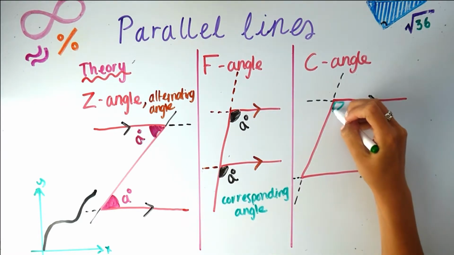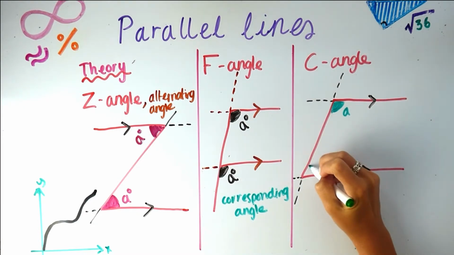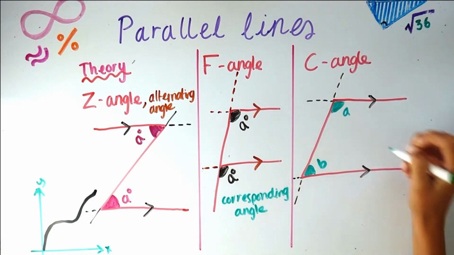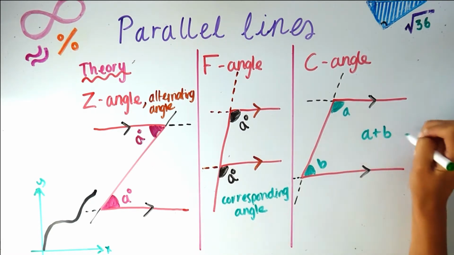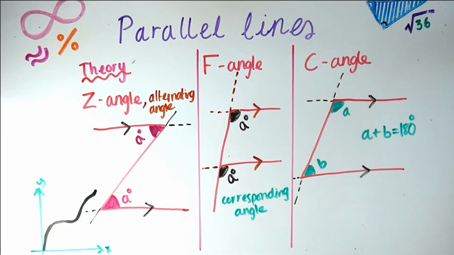A cangle tells us this angle here, which I'm going to call A, and this angle here, which I'm going to call B, are not the same, and it tells us that A plus B equals 180 degrees. That's what a cangle tells us. So if you see a C in your diagram, that is what you can use.